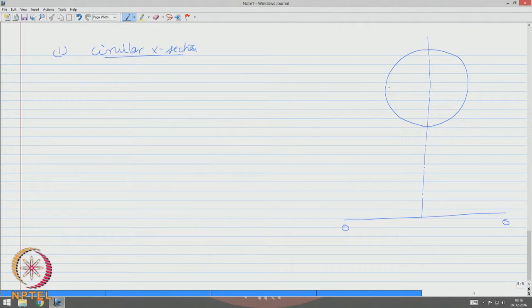Let us say this is my centroidal axis. So, that is my centroid, and this is going to be my neutral axis.